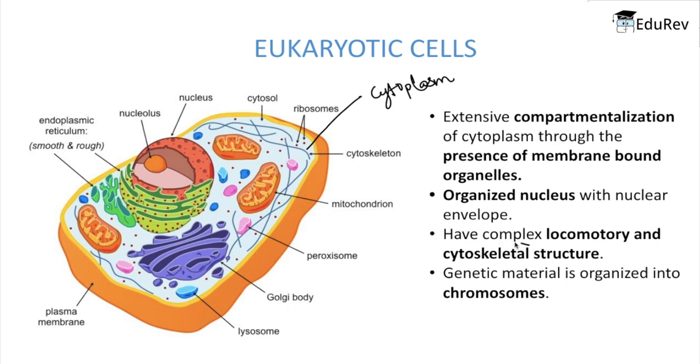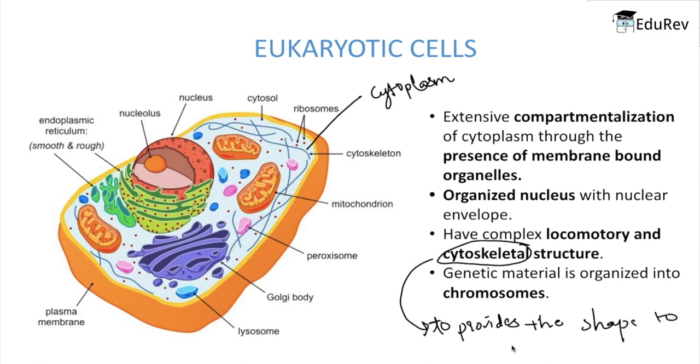Now, this cytoskeleton structure present inside the eukaryotic cell provides shape to the cell. Inside the cytoplasm, the genetic material present in the eukaryote is organized inside the chromosomes in the form of DNA.